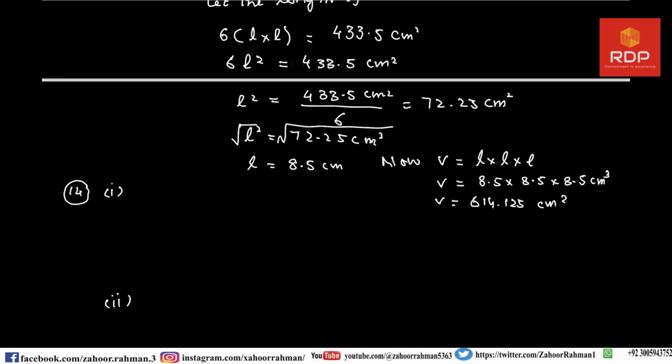So let us say the number of trips required. The number of trips required is equal to 2.85 multiplied by 1 million divided by 6.25.